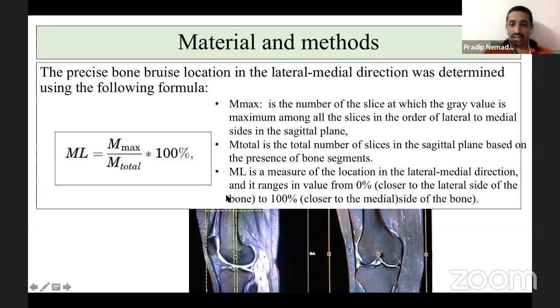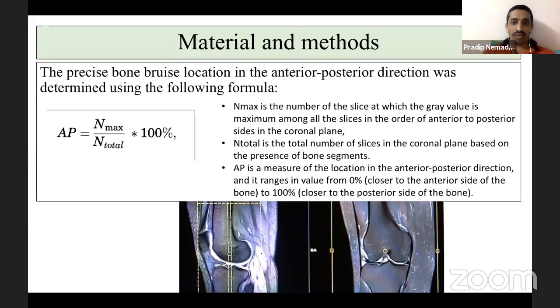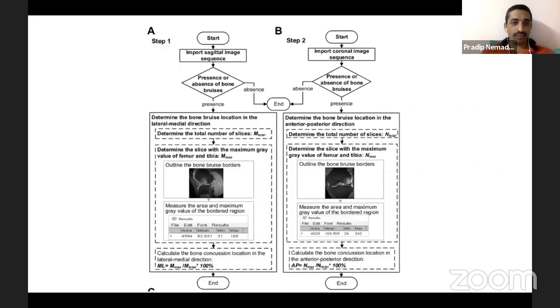So 0 was on the lateral side and 100 was closer to the medial side. Logically, less than 50 would be lateral and more than 50 would be medial, and a similar thing was done for anterior posterior. So I don't need to go into the detail of that. That is pretty logical. And this is the algorithm by which they have done it. What I have explained has been given in this algorithm.